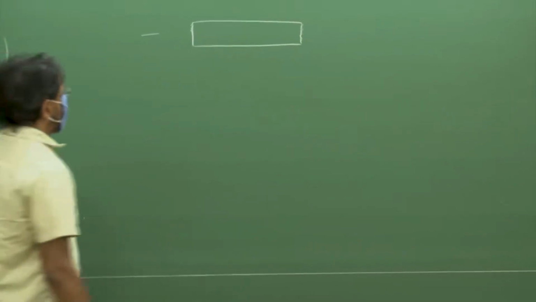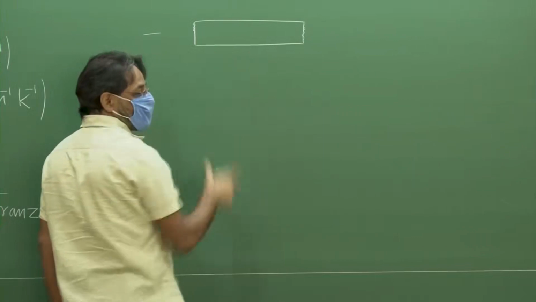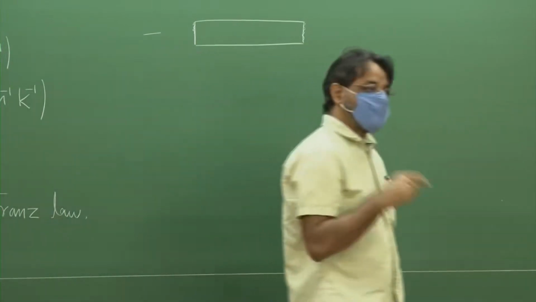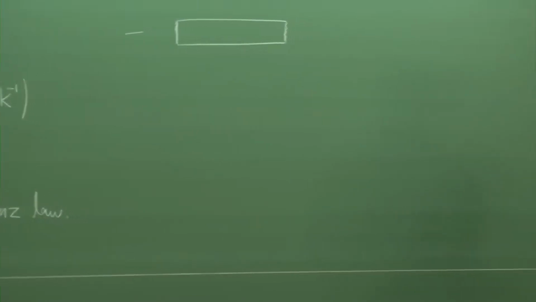okay, then there will be a voltage gradient that will appear as a consequence of the temperature gradient along the length of the material. Okay.